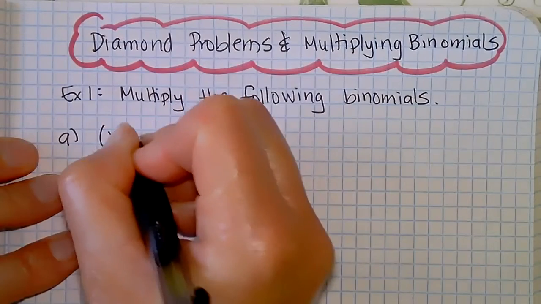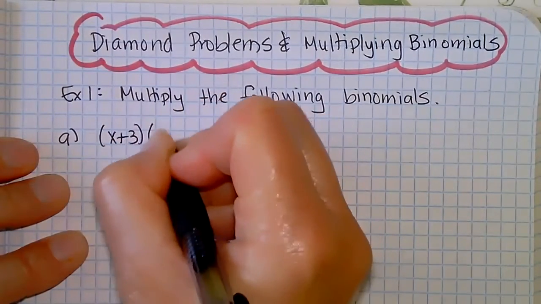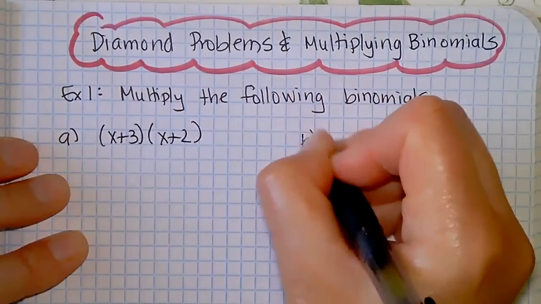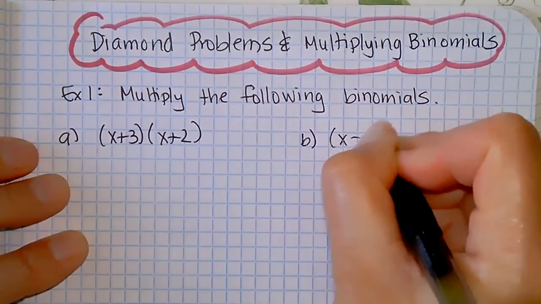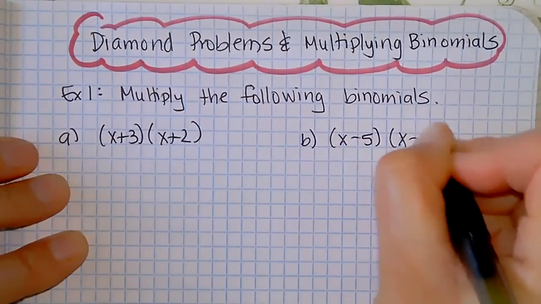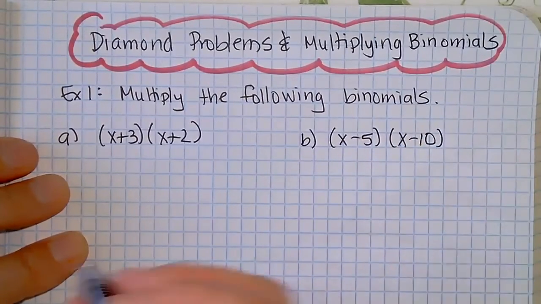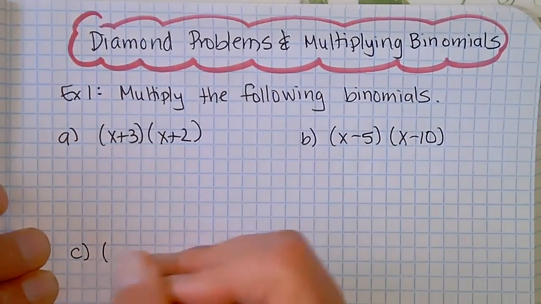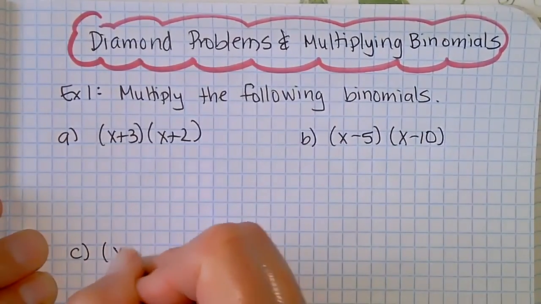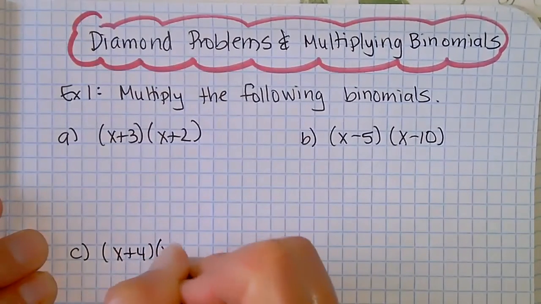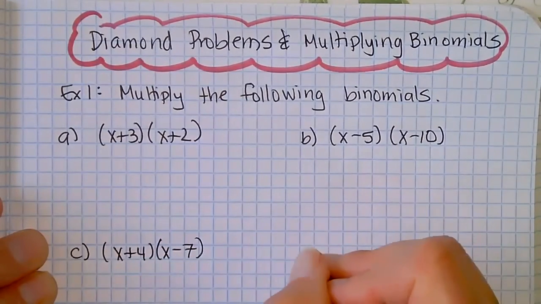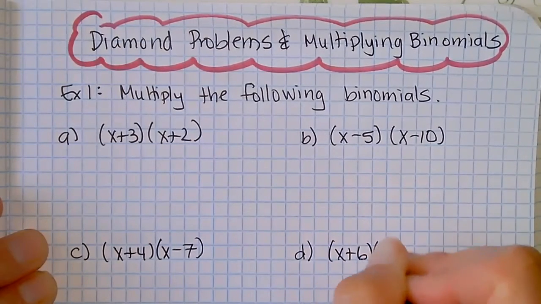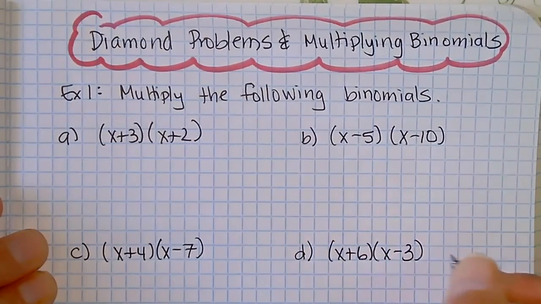So a, x plus 3, x plus 2. b, x minus 5, x minus 10. c, and again, give yourself some space, x plus 4, x minus 7. d, x plus 6, x minus 3.